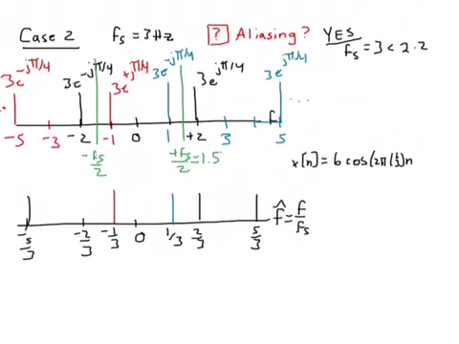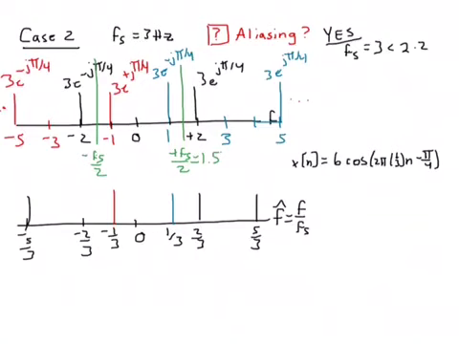It's minus π/4, because we always pick the phase of the cosine to be the phase of whatever term is to the right of the origin.